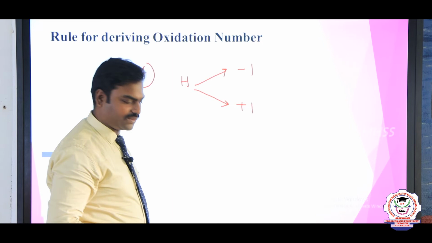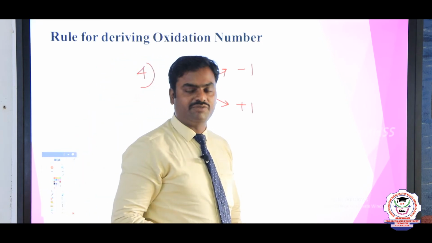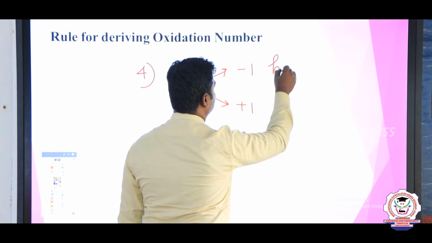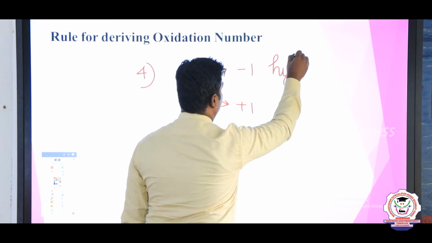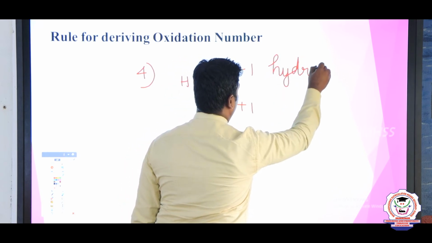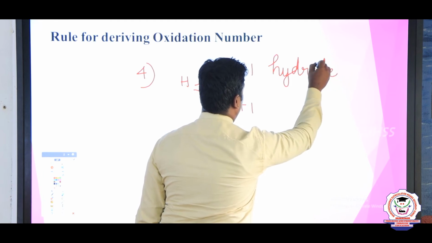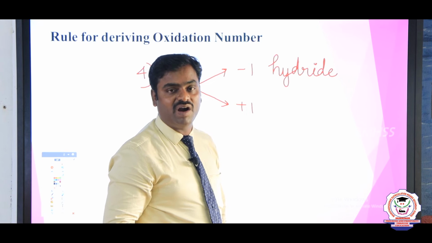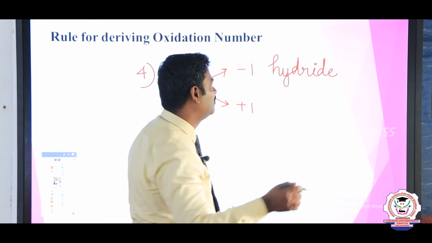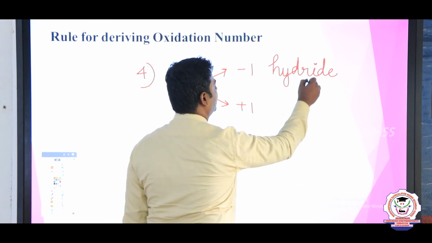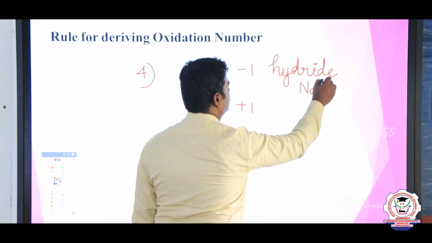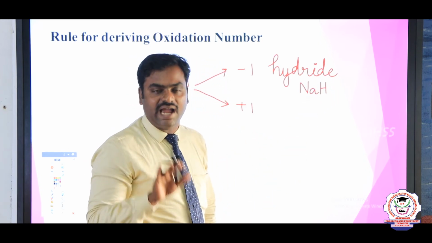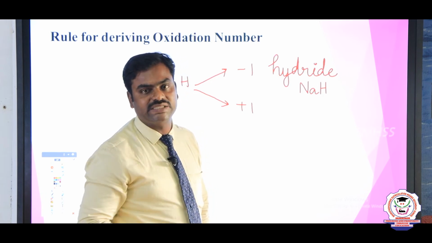What about -1? It shows in the form of hydride. When it makes a bond with a metal, for example sodium hydride, NaH. So when you see hydrogen with a metal, the hydrogen always carries -1 charge.